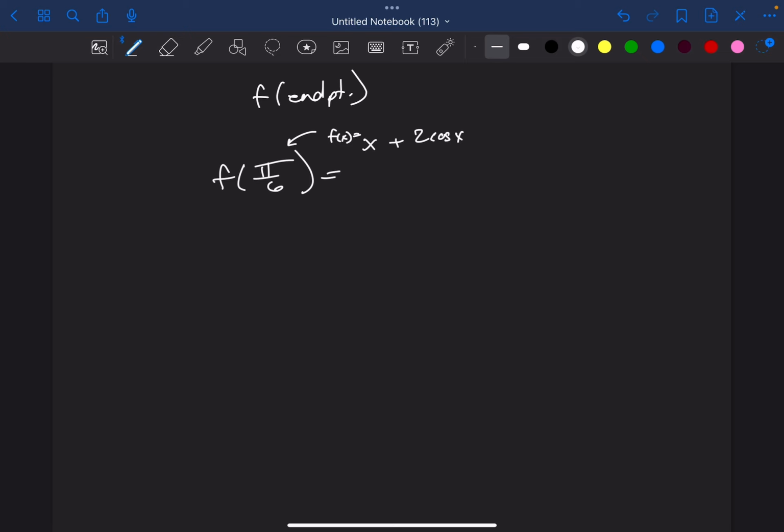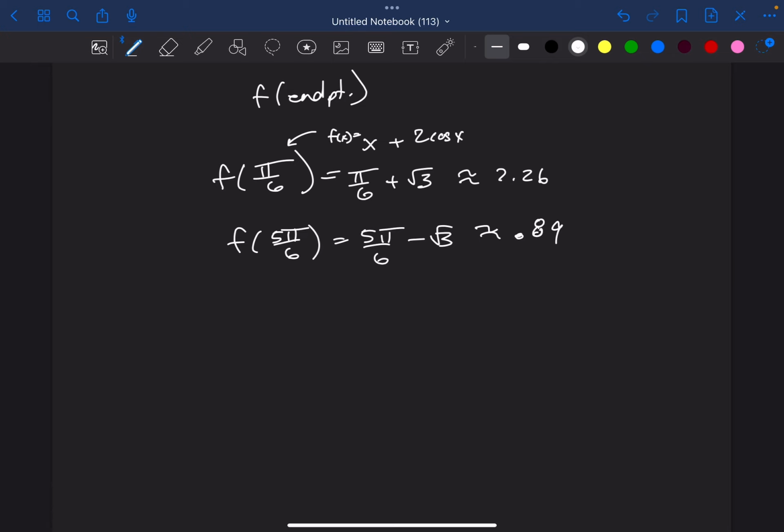So if I do f of pi over 6, we get pi over 6 plus the square root of 3, which is approximately 2.26. If you do f of 5 pi over 6, you're going to end up getting 5 pi over 6 minus the square root of 3, which is approximately 0.89.